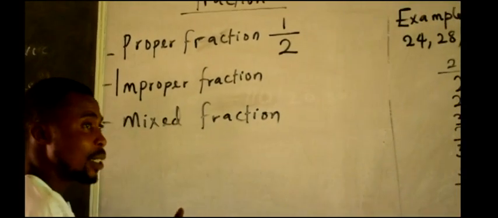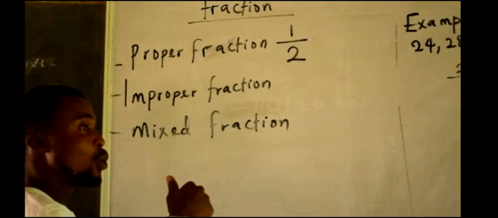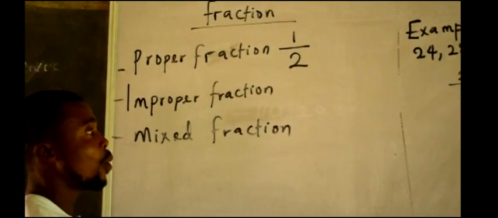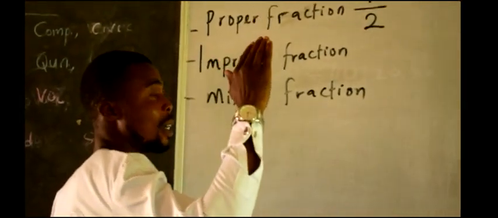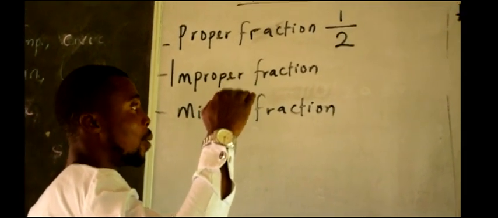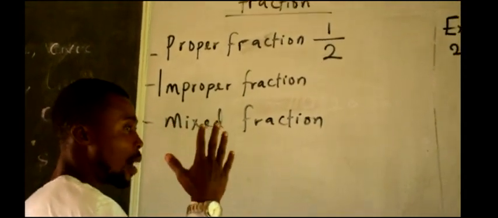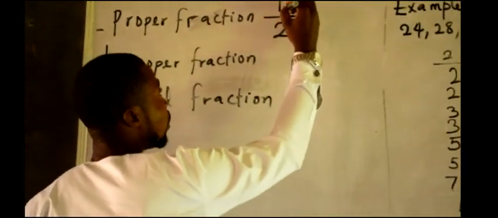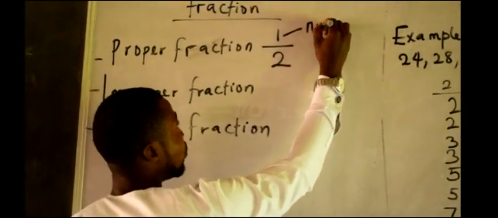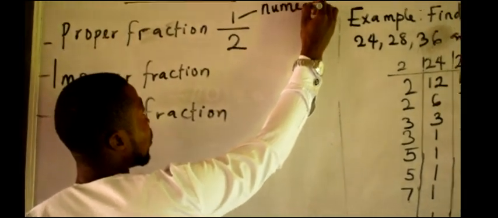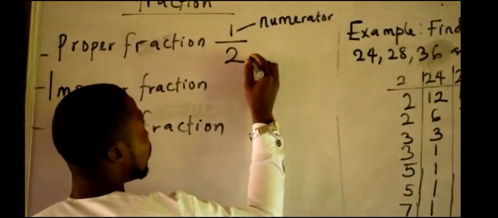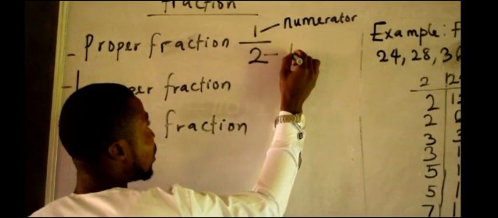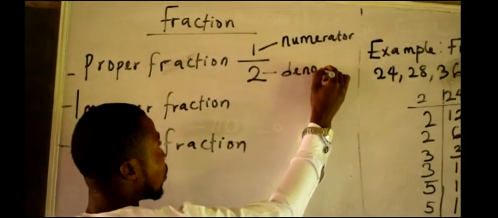We have two layers in a fraction: the upper and the lower. The up number is called the numerator, and the down number, we call it denominator.